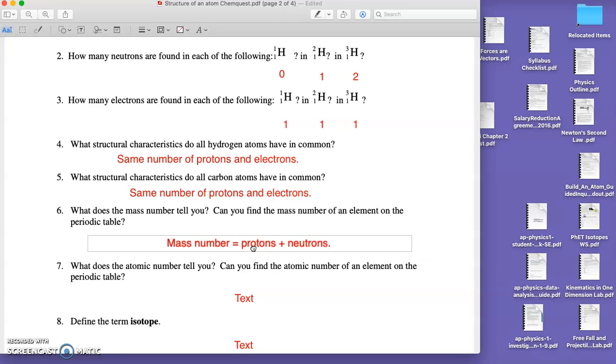Now, can you find the mass number of an element on the periodic table? Short answer, no. And I'm going to put a couple exclamation points because some people think that you can, and you can't. And we'll go into more detail on that when we talk about average atomic mass. But just understand that the mass number is not on the periodic table.